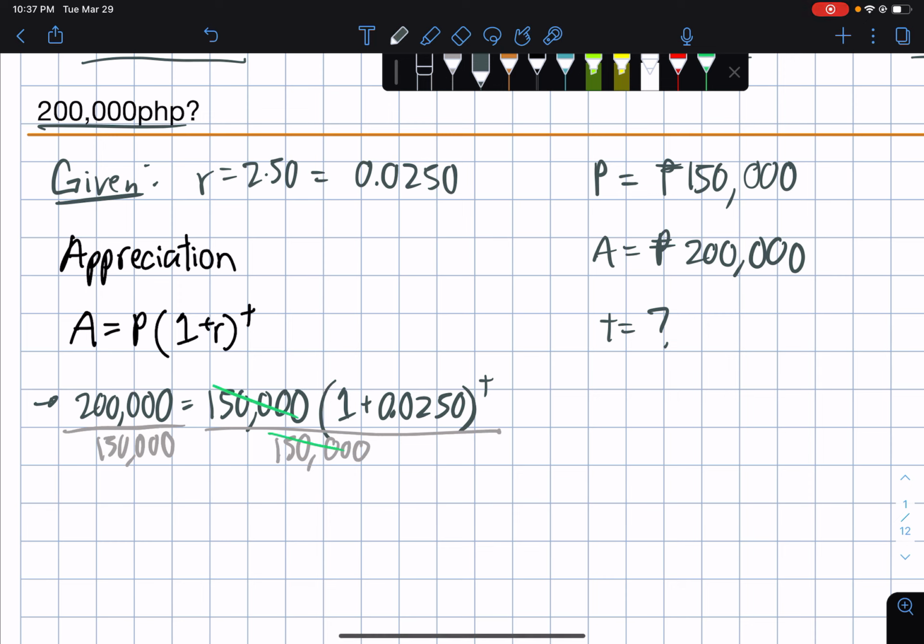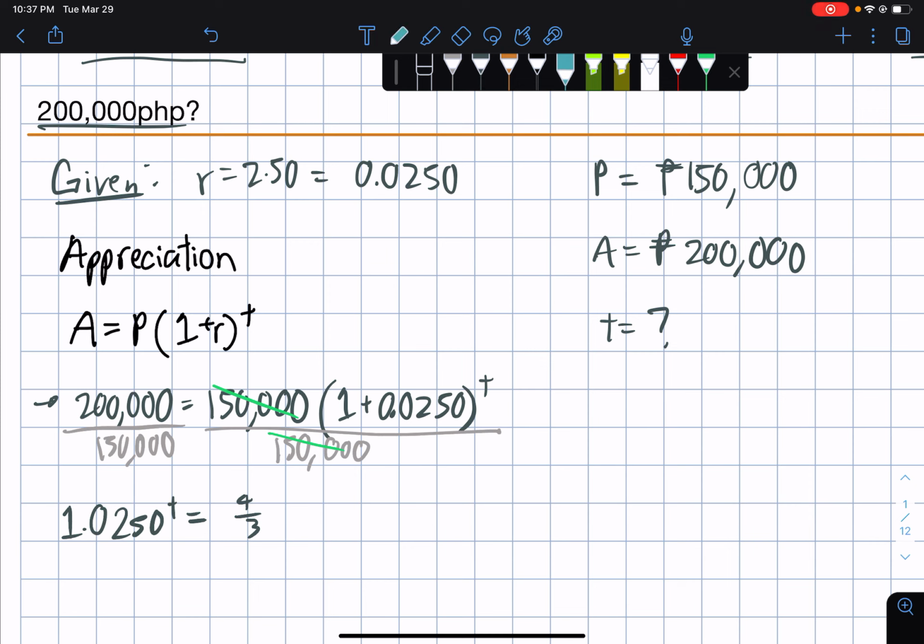So cancel, and we have 1.0250 raised to t. And at the left side, 200,000 over 150,000. Let's try to simplify the improper fraction. It's basically 4 over 3.